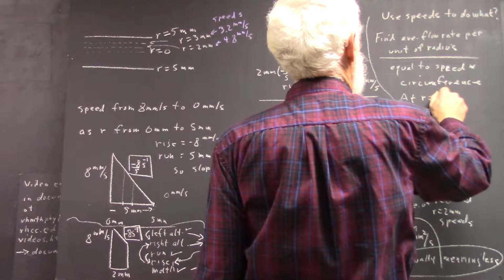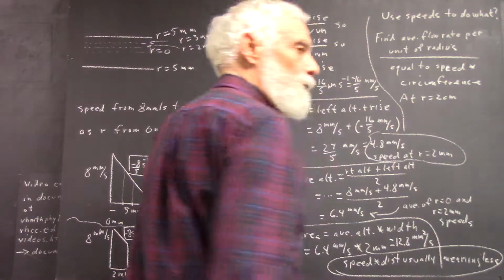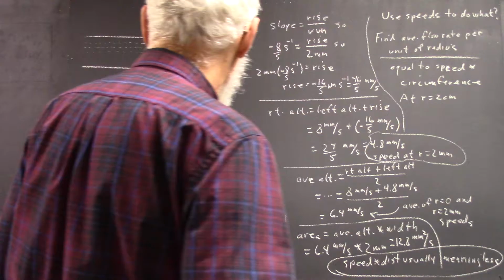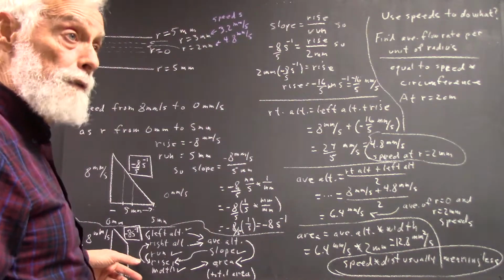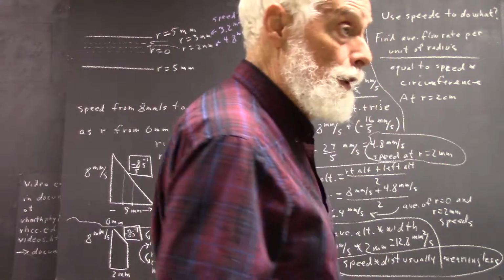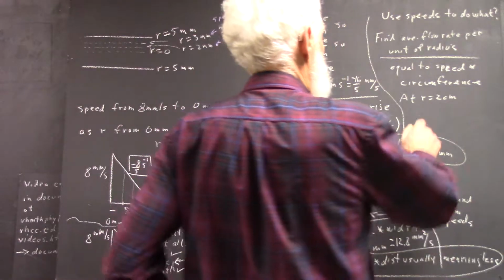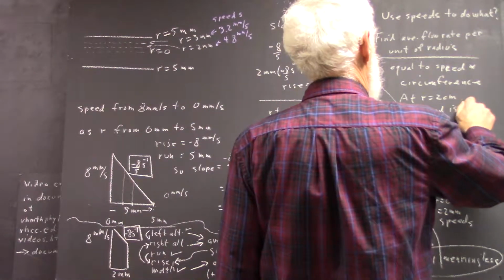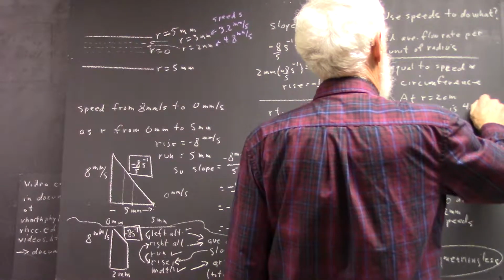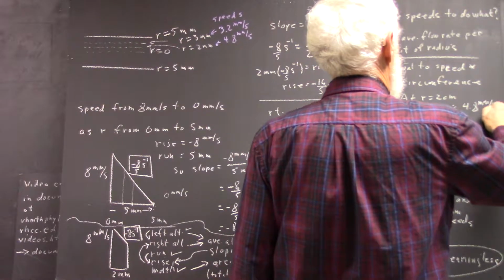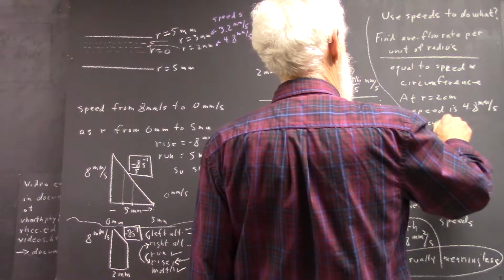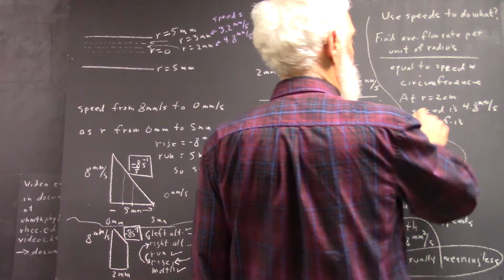So at R equals 2 millimeters, what can you tell me? Well, we calculated the speed here. I mean, we need the speed and the circumference, right? So the speed is 4.8 millimeters per second, and the circumference is what?